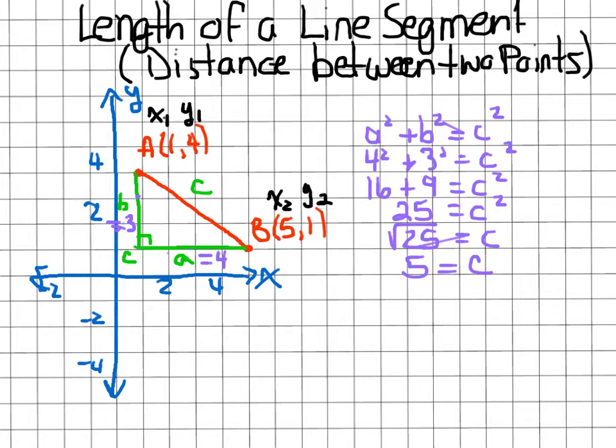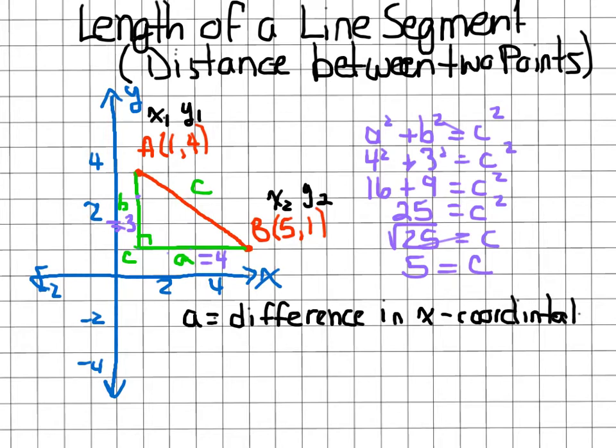So we have A is equal to the difference in x-coordinates. So this is x2 minus x1, which is equal to 5 minus 1, which is 4, which is exactly what we had found.